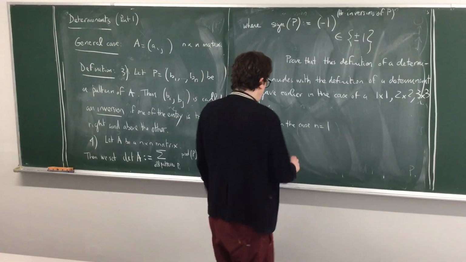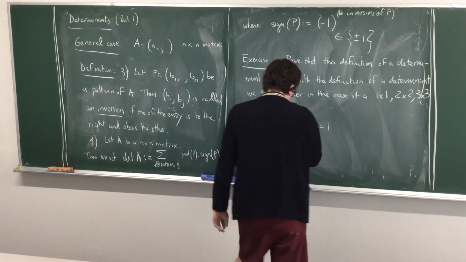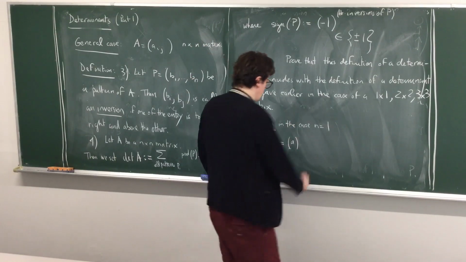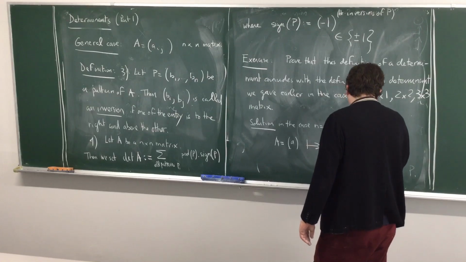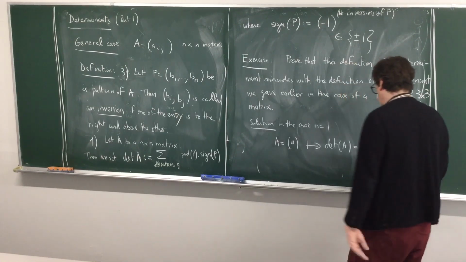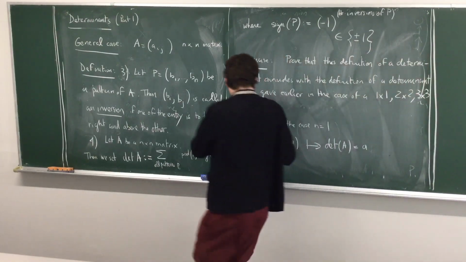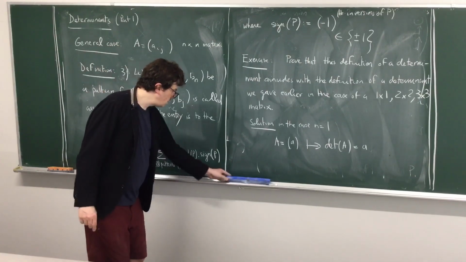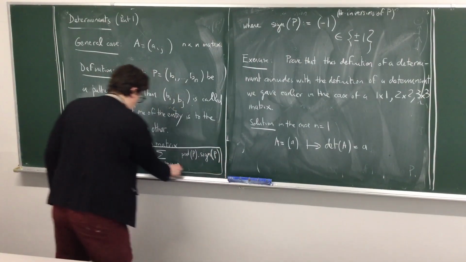So remember, in this case the matrix is just one real number between round brackets. And my first definition of the determinant of this matrix was A. Now, this is the first calculation. But using this formula here, I get another possible definition.